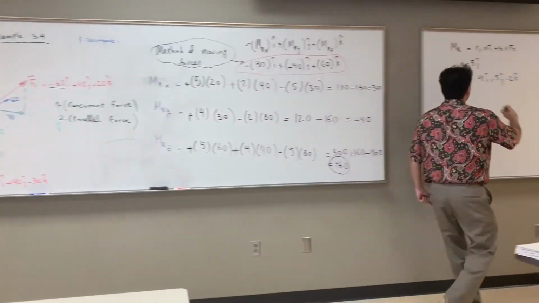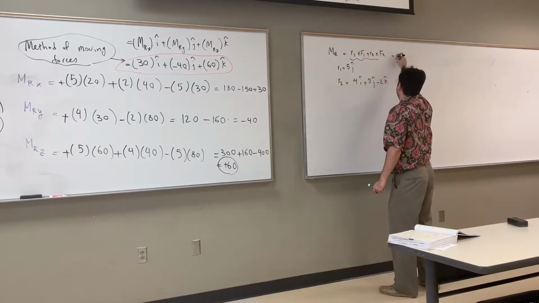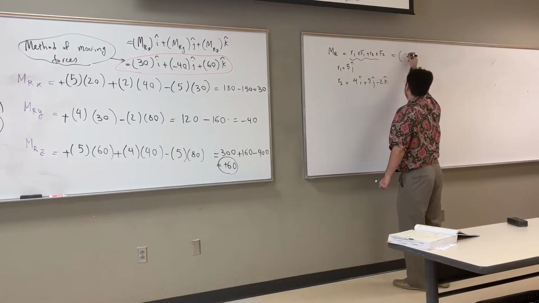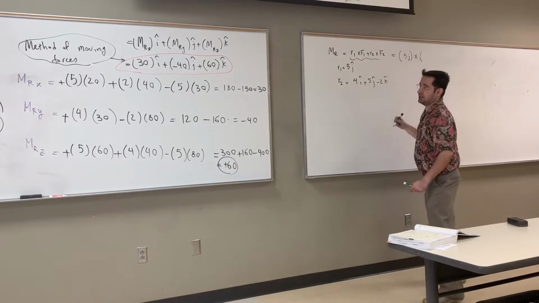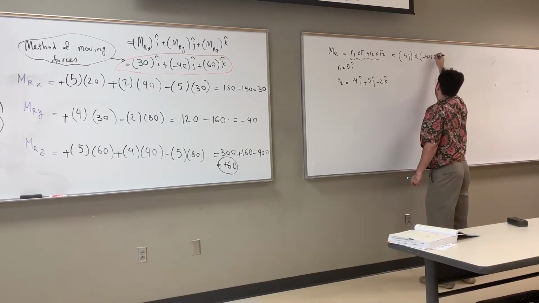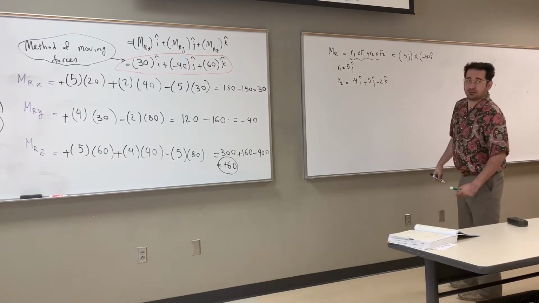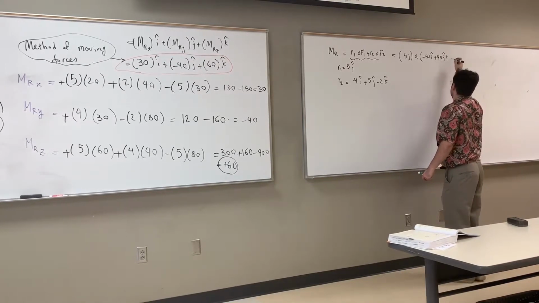So all I need to do is put it in the cross product. I write here R1, 5j, cross F1. Would you read F1 to me? Negative 60i, 40j, and 20k.